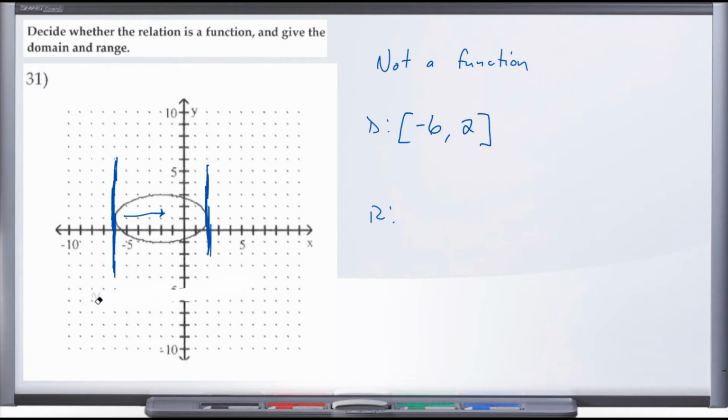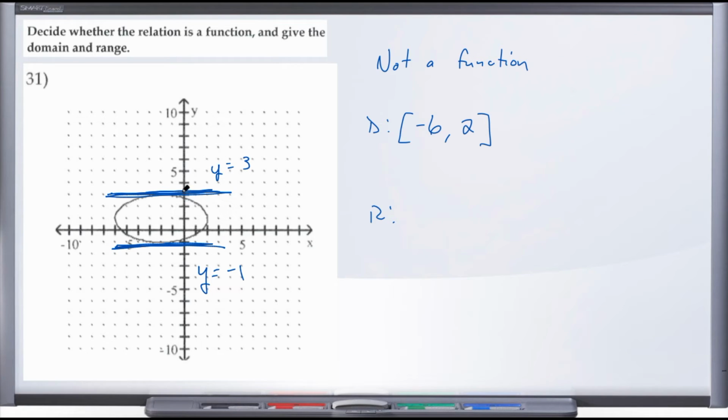All right, so we're going to do something similar for our range. We're talking about our y values now, and we always read from smallest to greatest, right? It looks like this blue line here is y equals -1, and here we have y equals 3.